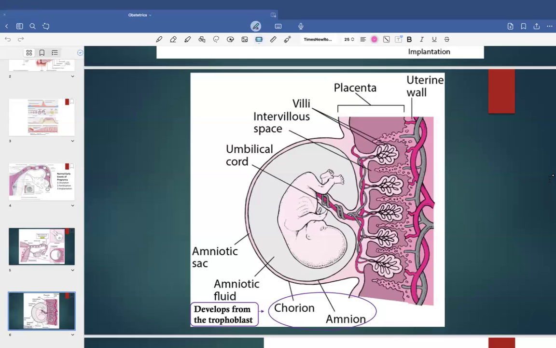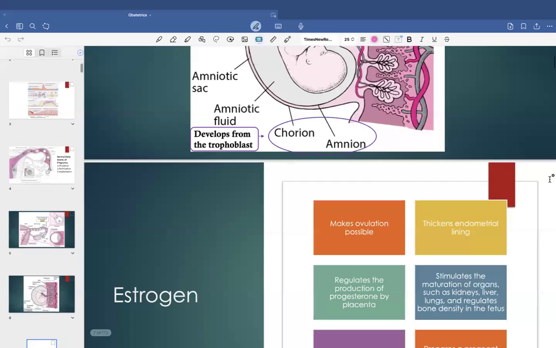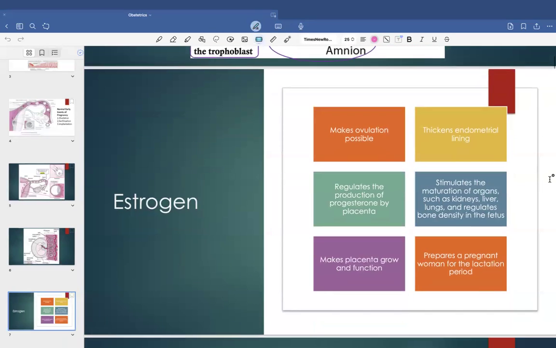All right. So first we're going to talk about estrogen. Majority of estrogen is produced by the ovaries. It is an important hormone for the maintenance of pregnancy. It plays multiple roles. One, it makes ovulation possible because it's part of the hormonal feedback that leads to that LH surge we talked about around day 14.